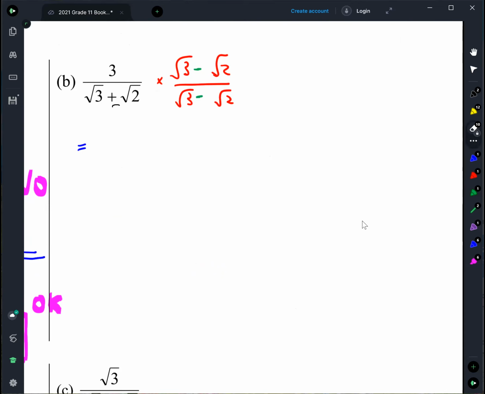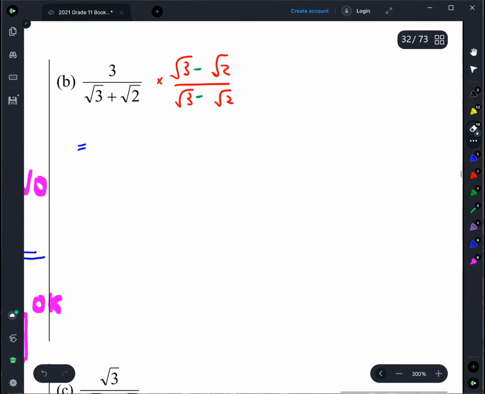Well, technically, because this is already a positive number, we want to cancel it out. Oh, okay, good. So you look at the denominator in the question. If the denominator has a plus, then you use a minus. If the denominator has a minus, then use a plus. Okay? All right, so we'll go from here.